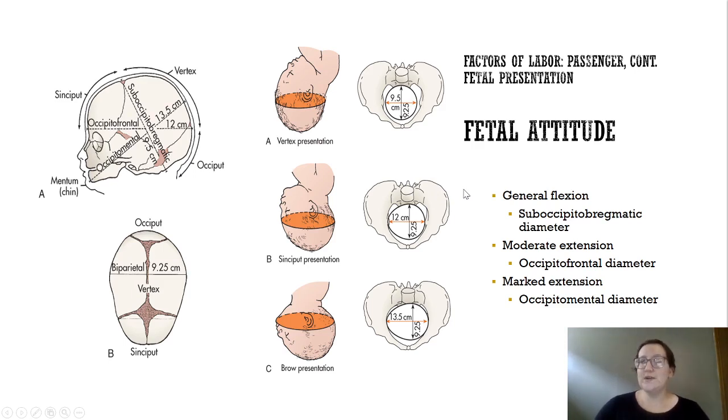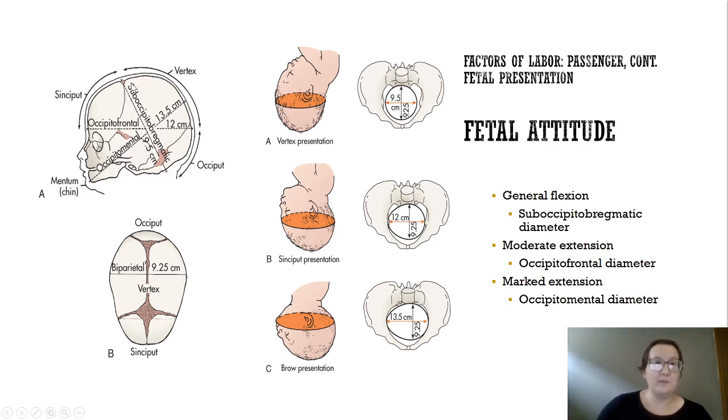So, first we have a general or complete flexion. In this case, this is the fetal position, this vertex position, and this is the one you want if you're going to have a vaginal delivery. This is the position where you want your baby to be. What we're looking at here is the suboccipitobregmatic diameter. Over here on the left, we're going to look at the shape or the size of that fetal skull, and the suboccipitobregmatic diameter is 9.5 centimeters.